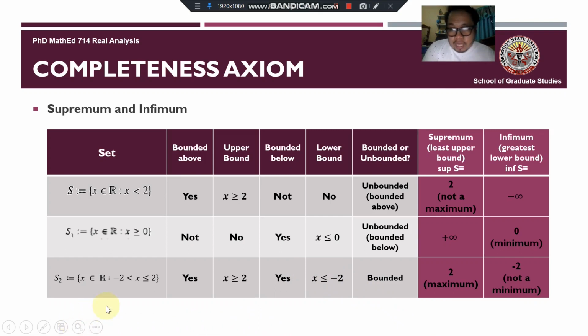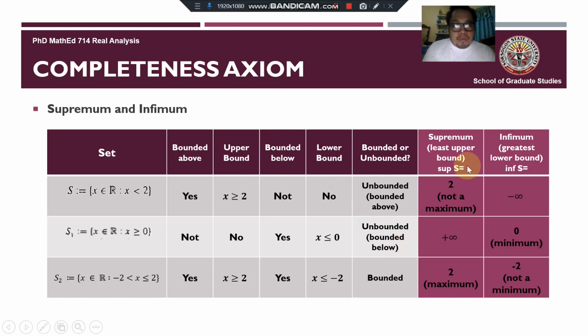Again, we have a strict inequality, x is only greater than negative 2, so negative 2 is not an element of the set.